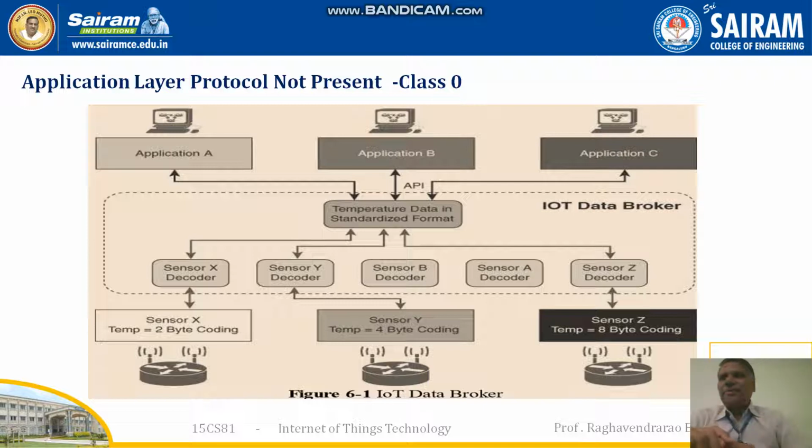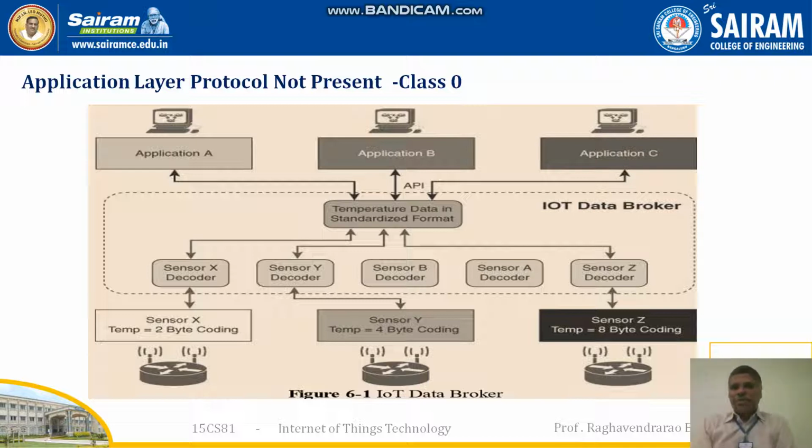A data broker is a piece of middleware where it standardizes sensors' output into a common format that can be retrieved by authorized applications. In the figure you can see that X, Y and Z are all temperature sensors, but their output is encoded differently.